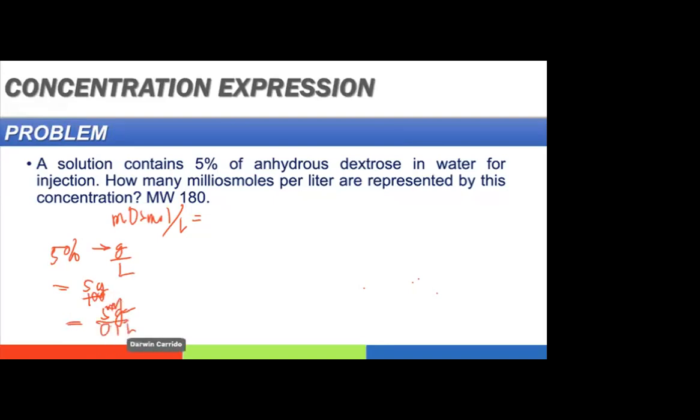And therefore, 5 grams divided by 0.1 liter, the answer is 50 grams per liter.